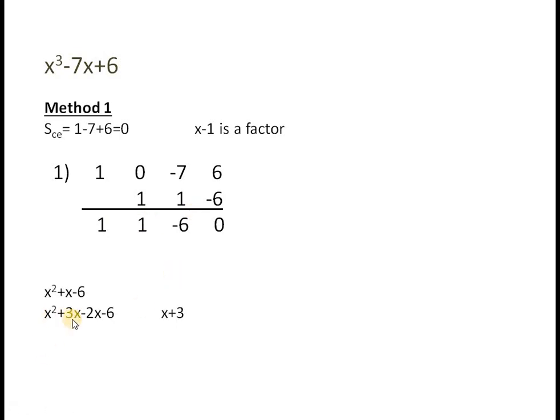Now, this we can simplify by writing x as 3x minus 2x. So, we got x plus 3 as a factor and x minus 2 as another factor. One more thing you need to observe is since we don't have any x square term, we wrote its coefficient as 0.